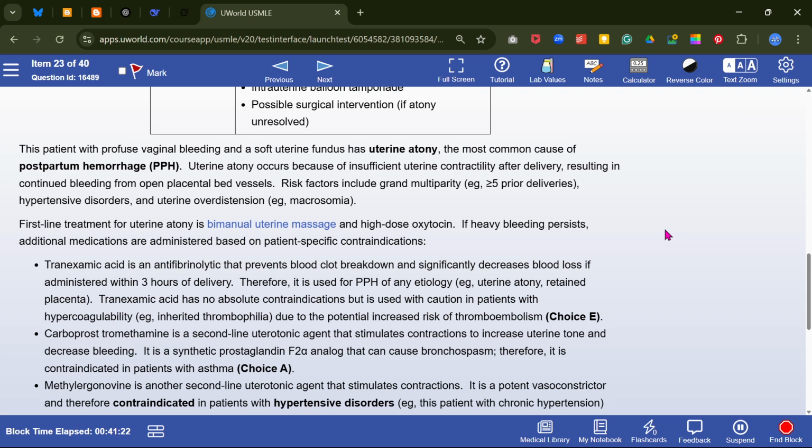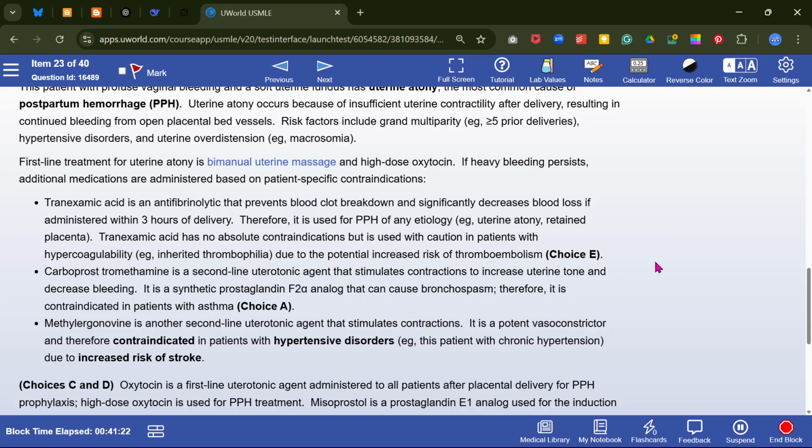Okay, carboprost is contraindicated in patients with asthma, and methylergonovine is another second line uterotonic agent that stimulates contraction. It is a potent vasoconstrictor and therefore contraindicated in patients with hypertensive disorder, like these patients with chronic hypertension, due to risk of stroke.